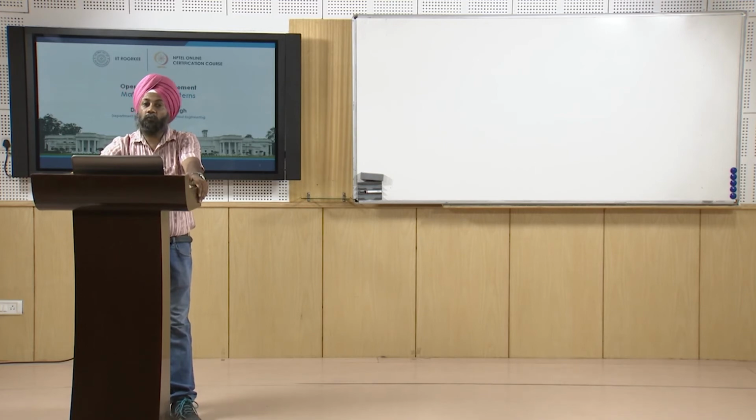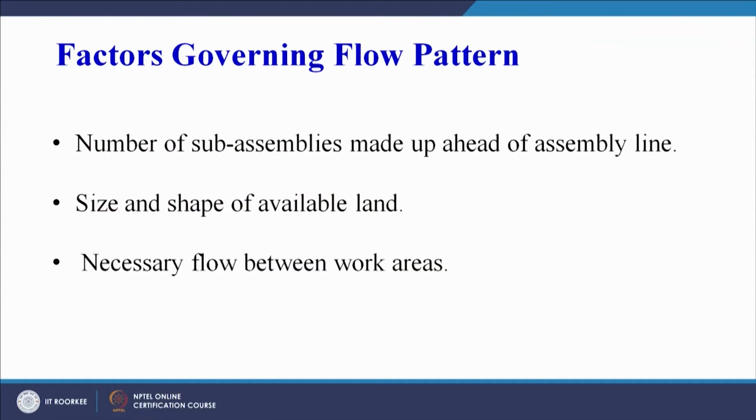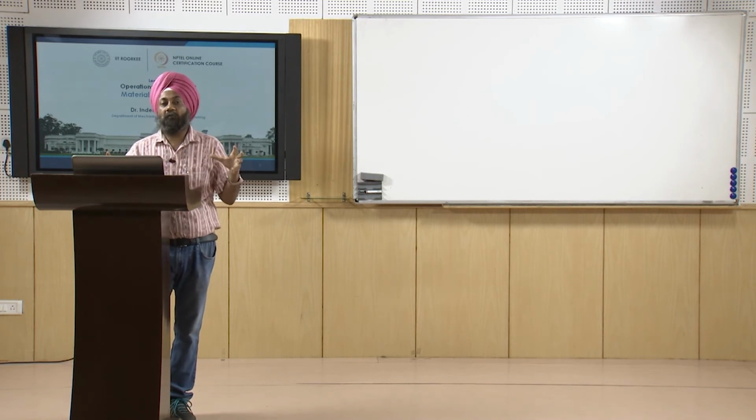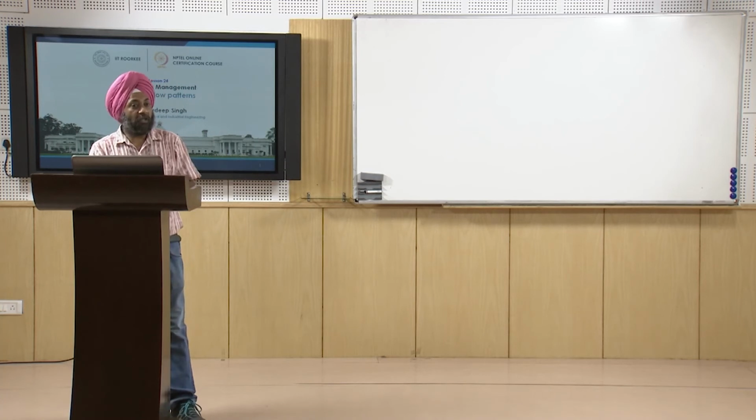The size and shape of the available land is the most important parameter that is coming to my mind, because space is the major limitation for setting up any factory. We are constrained with space, so we have to ensure the optimal utilization of space.